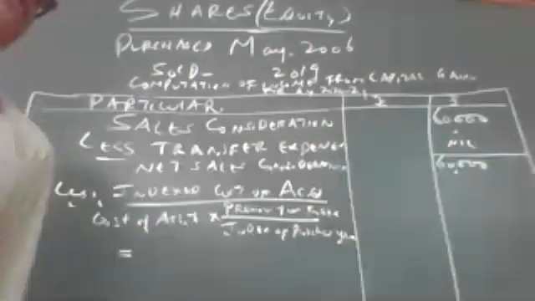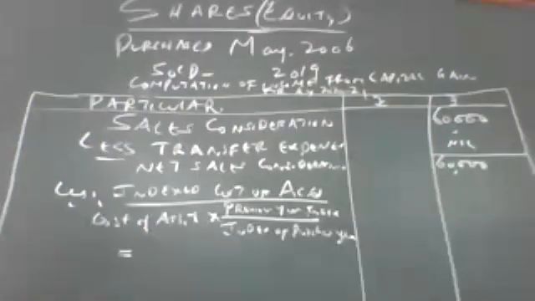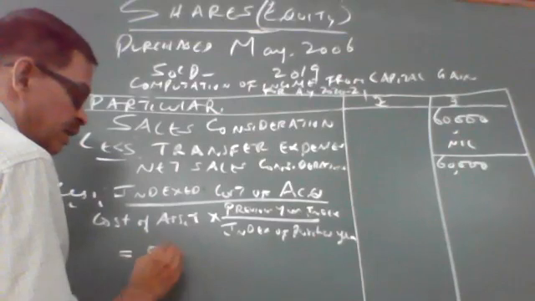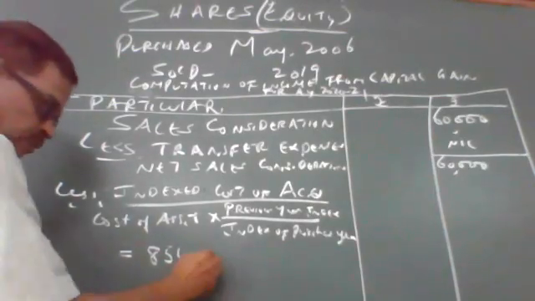The cost of purchasing the shares is 8,540. She bought for 8,540 into what?